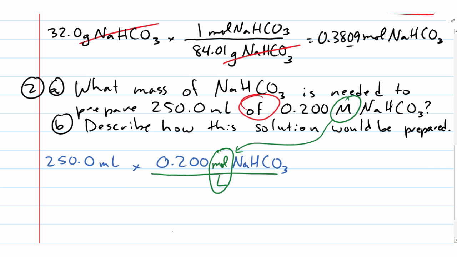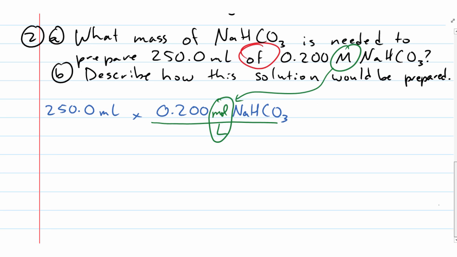Except we still can't cancel out because this is milliliters, this here is liters, which means we need to take the milliliters and convert this into units of liters. So we take the 250 milliliters and convert it to liters.